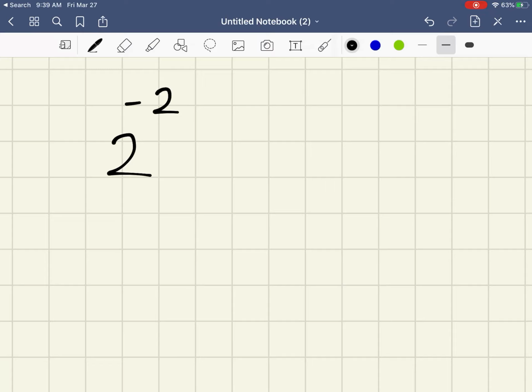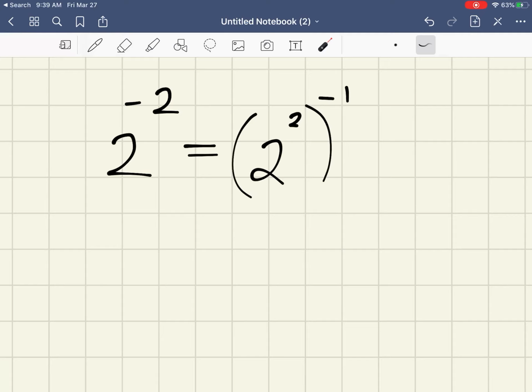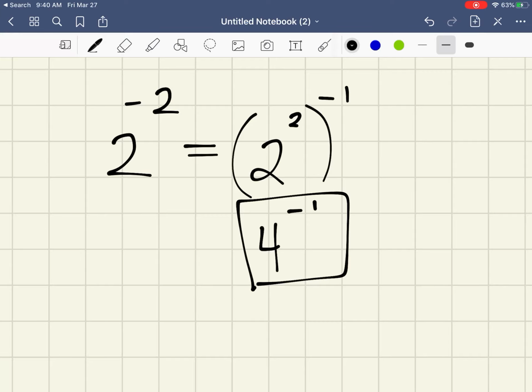We'll do more common powers, like 2 to the negative 2. Based on prior knowledge, you can recognize that 2 squared is 4. So I really have to do 4 to the negative 1. Now we need to figure out what this means.